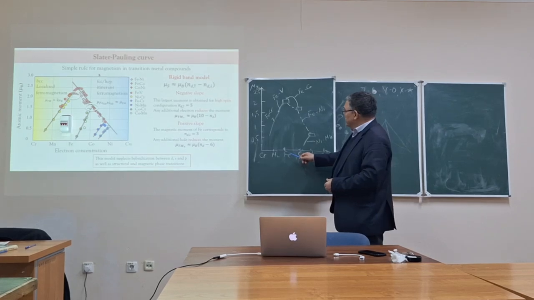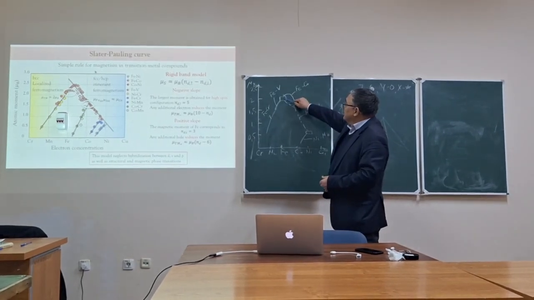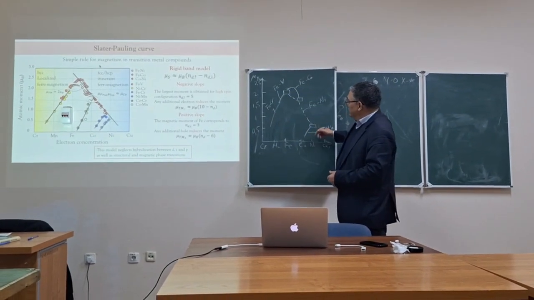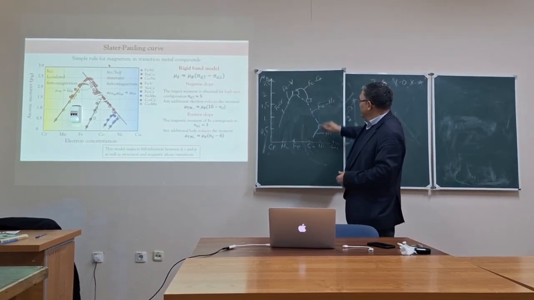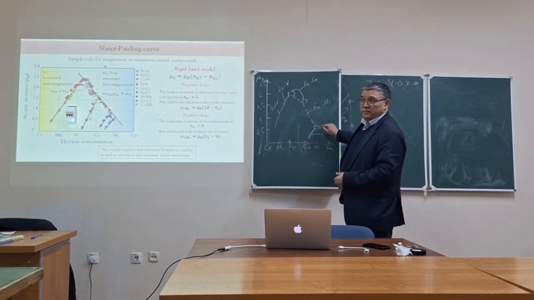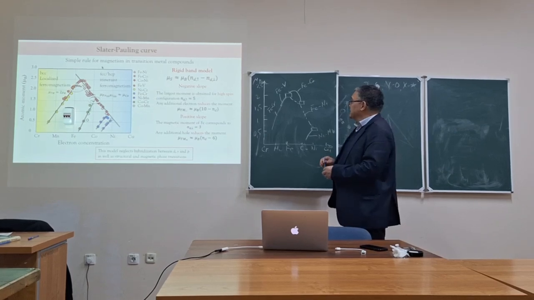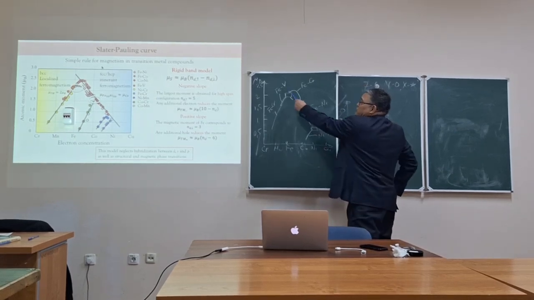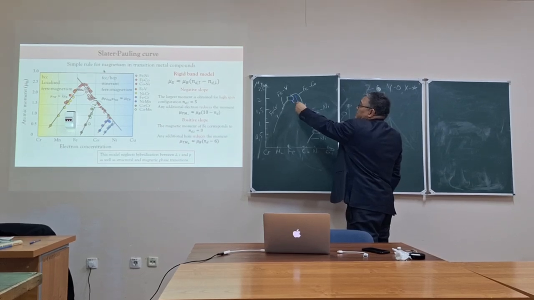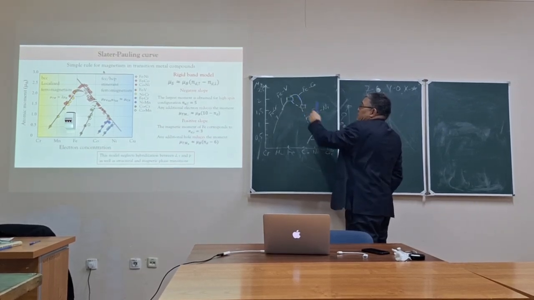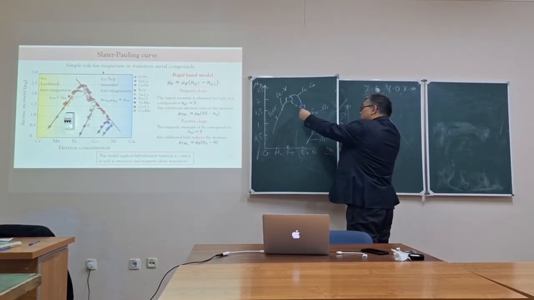For ferrum we have a magnetic moment equal to 2. For cobalt the magnetic moment is 1.5, and nickel is 0.5. Now we start mixing. For example, this curve corresponds to mixing ferrum with cobalt.